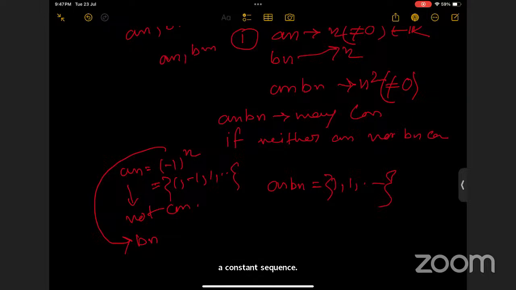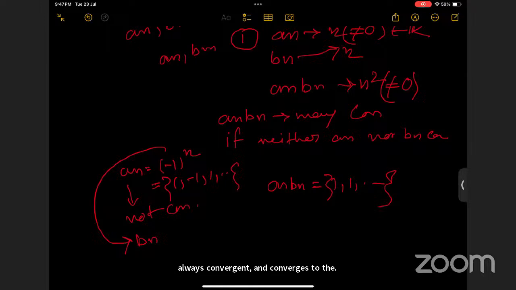A constant sequence, that is, for some real number, is always convergent and converges to the constant. So statement 3 is clearly correct too.